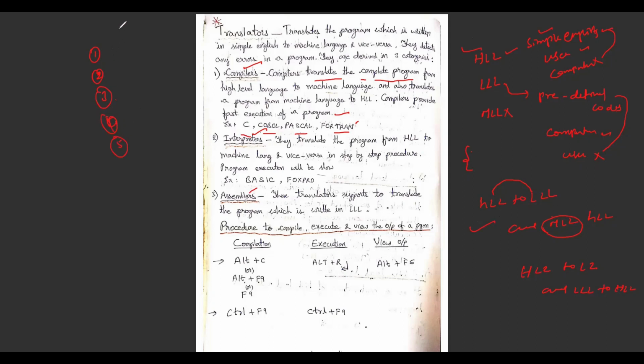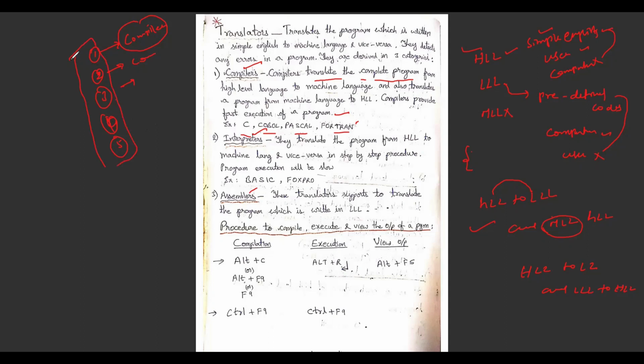First of all, I'll go with the interpreter. What will the interpreter do? It will extract the first line, and it will compile that first line. Then after compiling the first line, it extracts your second line and compiles it. After the second line, it extracts the third line, fourth line, fifth line, where the execution process is in line by line position.